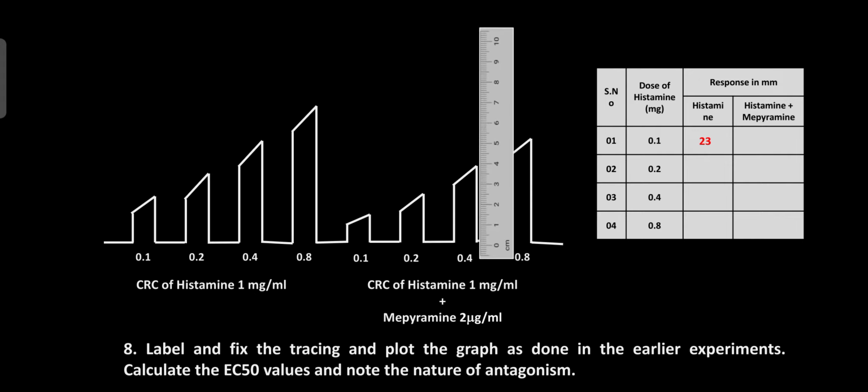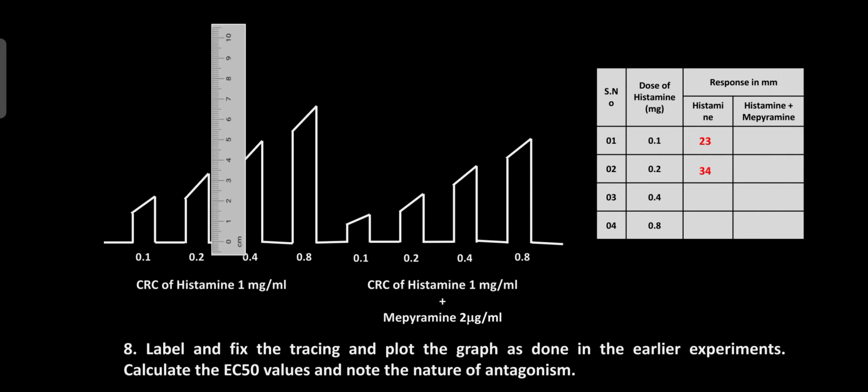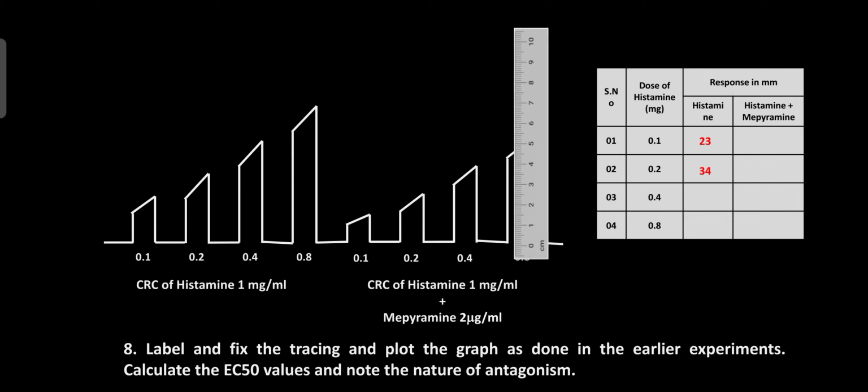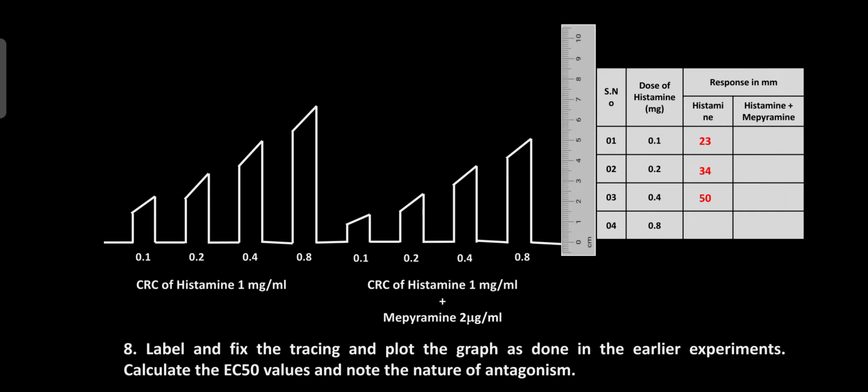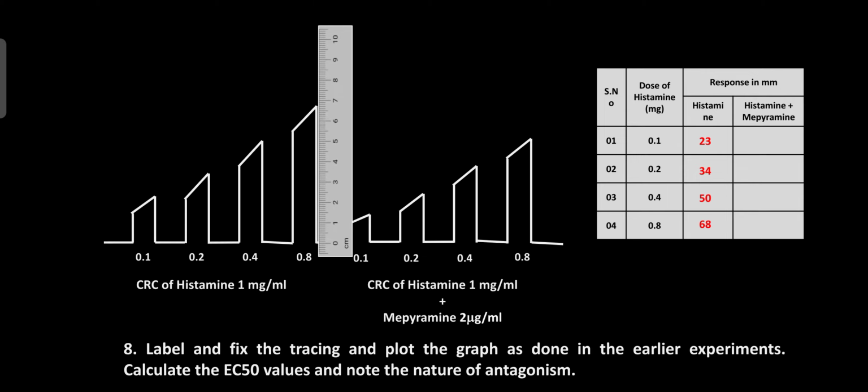Then the response of 0.2 ml is 34 mm. The response of 0.4 ml of histamine is 50 mm. Then the response of 0.8 ml of histamine solution is 68 mm.